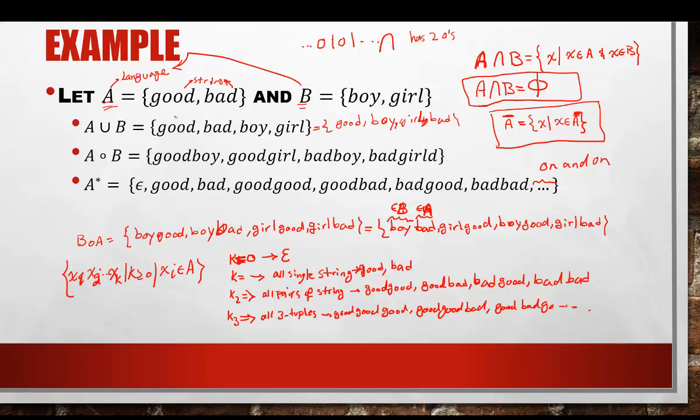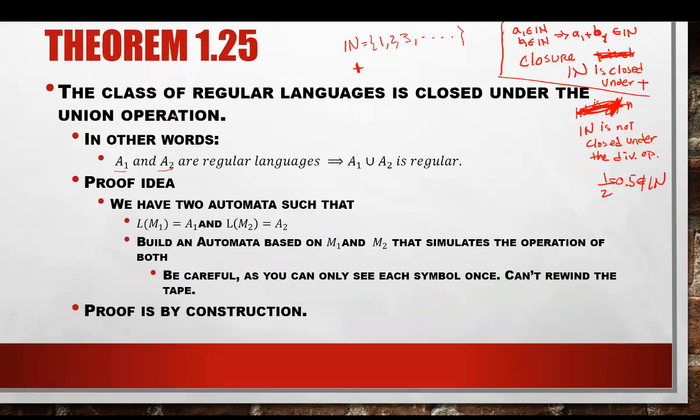So the importance of this theorem is here: if the regular languages are closed under the union operation, and I have a language that is complicated, but I can break it down into the union of two simpler languages, then I can go ahead and build automata for those simpler languages, and therefore create an automata for my bigger language.